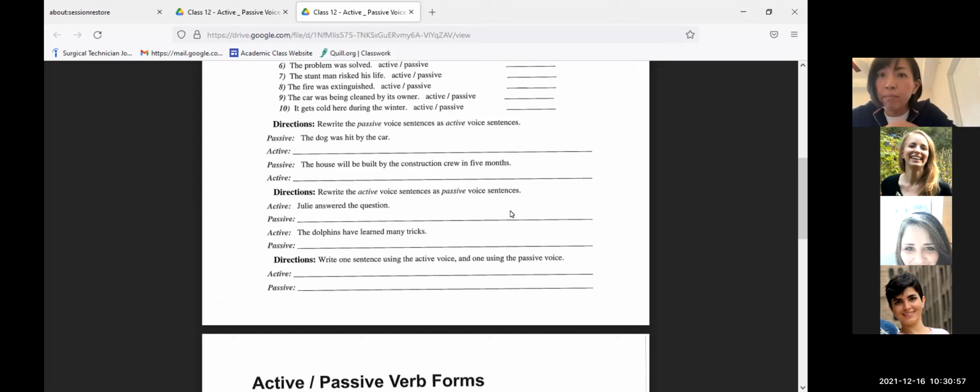The dolphins have learned many tricks. Many tricks had learned, or had been... I don't think so. I don't remember. Here, this sentence is in present perfect.